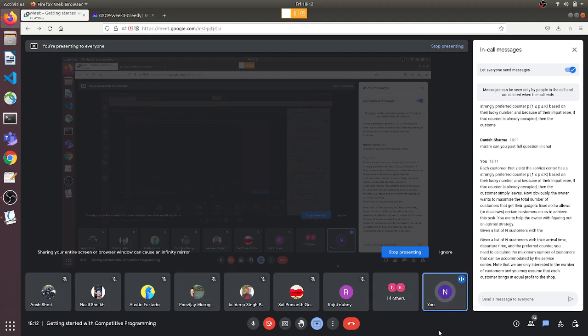So the problem is that there are K service counters and customers are coming, and every customer has a preferred counter, and the customer only wants to use that counter for the gadget service and does not want to use any other counter. And customers also do not want to wait. So if they come and the counter is occupied, then they'll just leave.